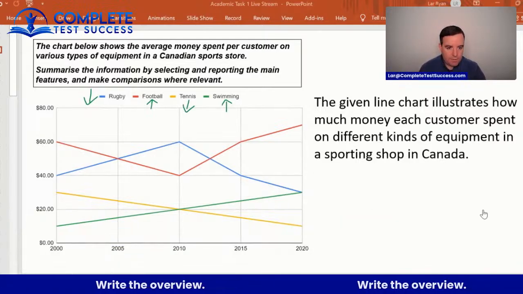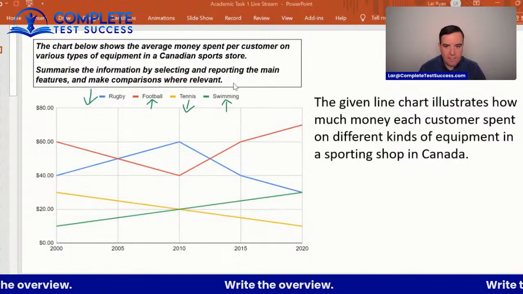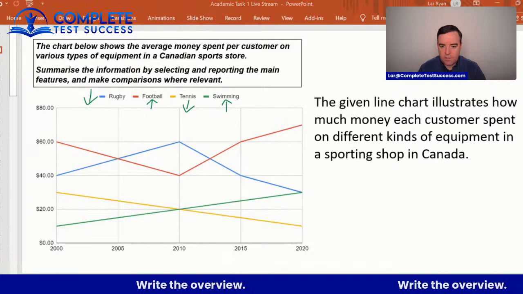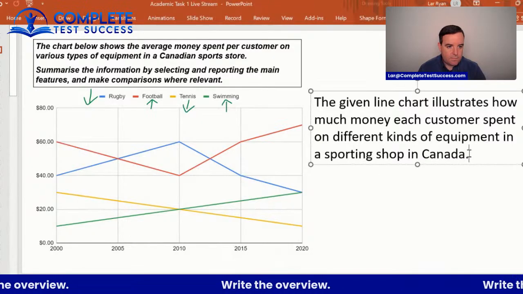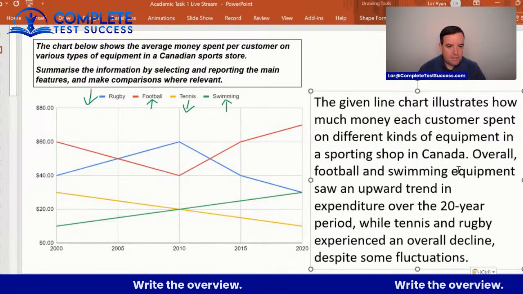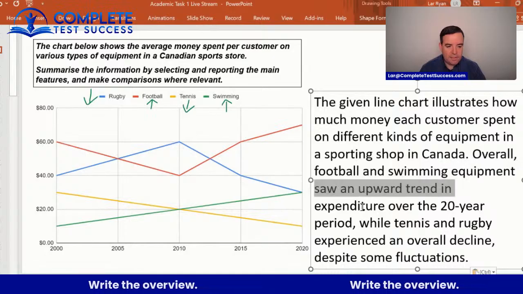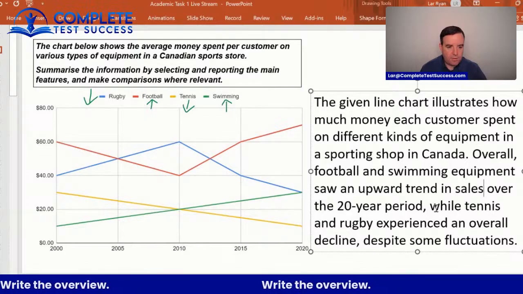Okay, so let me just grab that one again. I'm not going to include the football part just yet. Okay, so what we're going to do first is, let me just paste that much in there. Okay, overall, football and swimming equipment saw an upward trend in sales over the 20-year period.